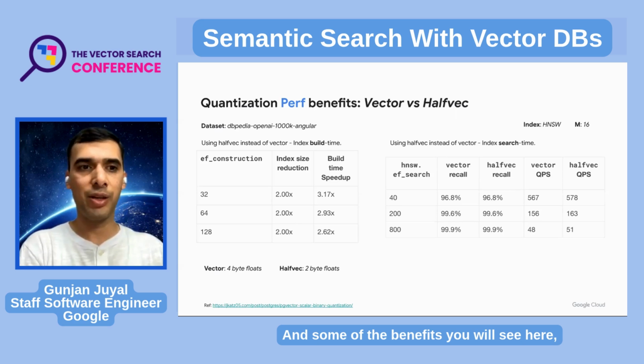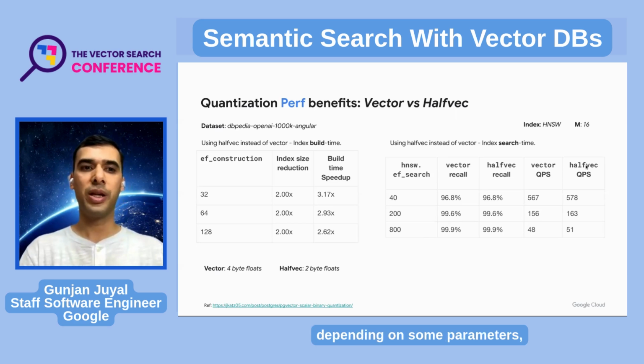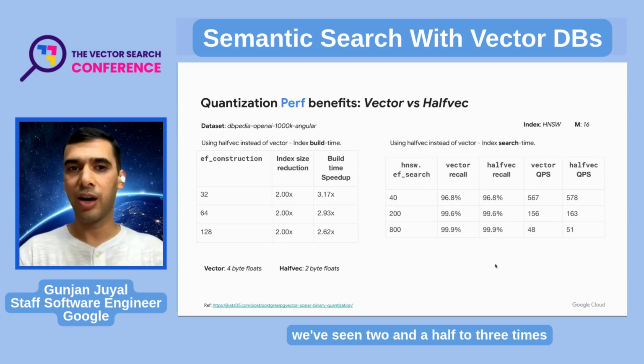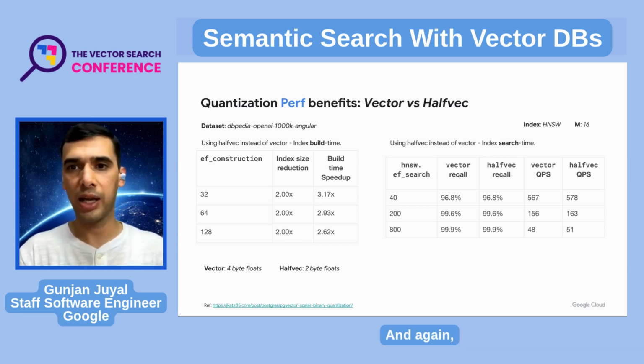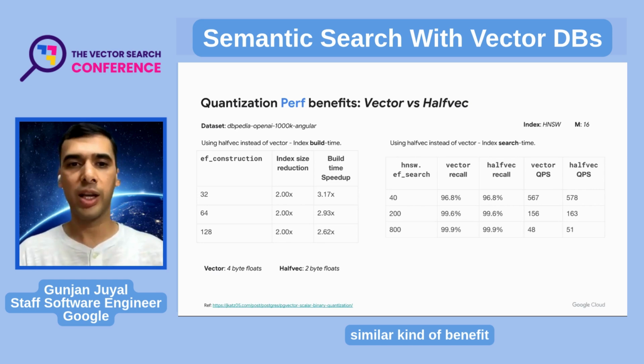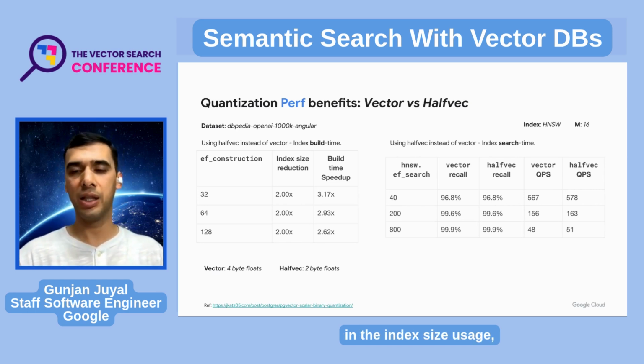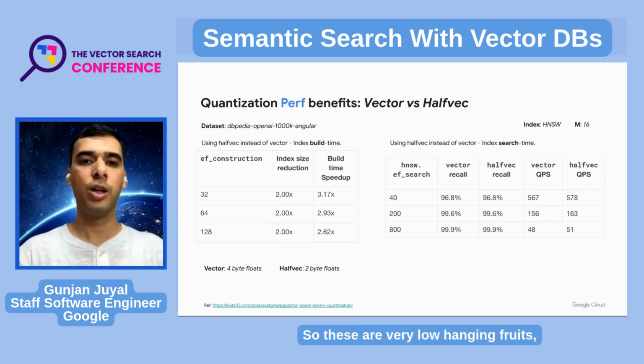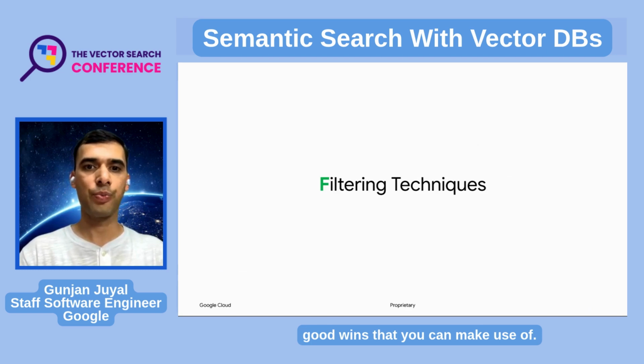And some of the perf benefits you will see here, depending on some parameters, we've seen a 2.5 to 3 times speedup with some of the benchmarks, and again, a similar kind of benefit in the index size usage, which means scale. So these are very low hanging fruits, good wins that you can make use of.